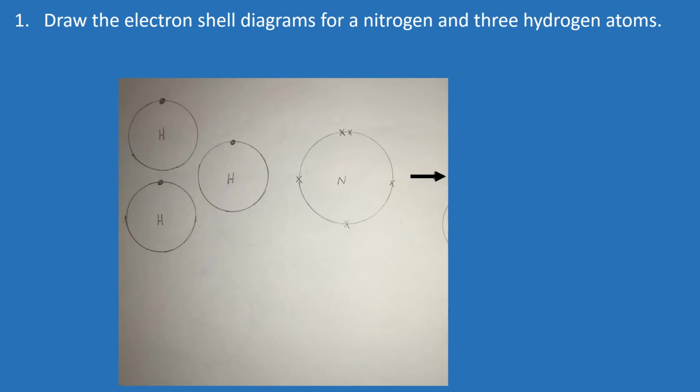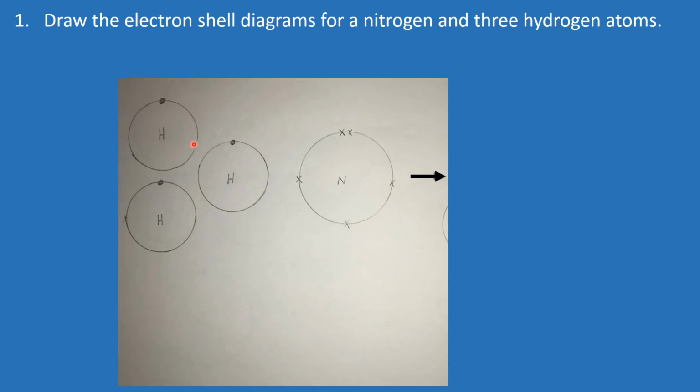Okay, there we go. So we've got nitrogen, which is in group 5, so therefore it's got the requirement for 3 electrons in order to complete its outer shell. Hence we have 3 hydrogen atoms forming here.